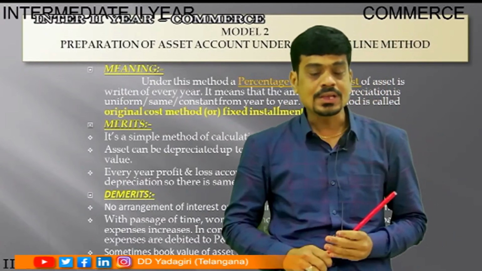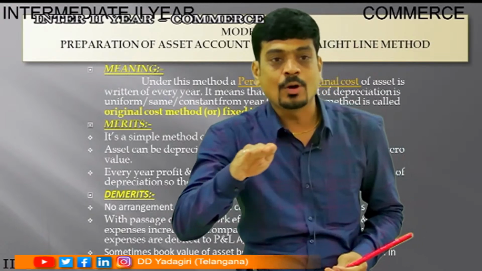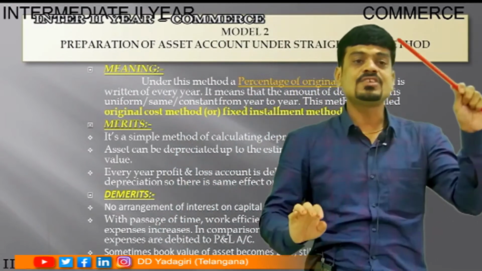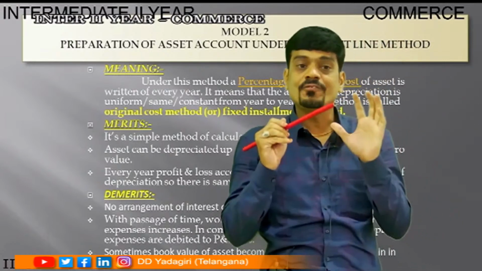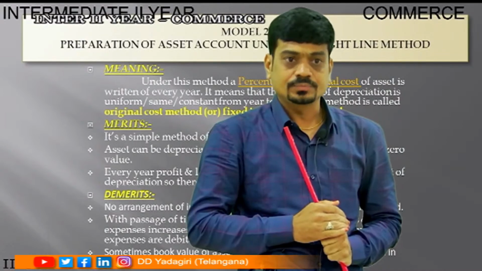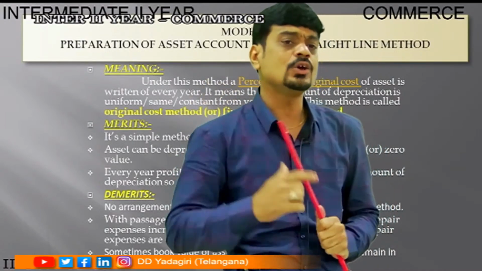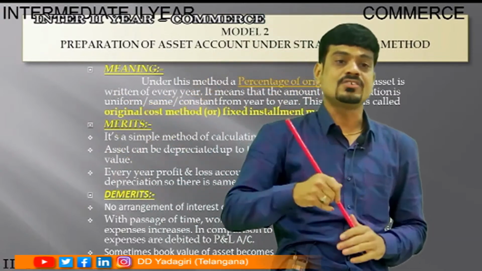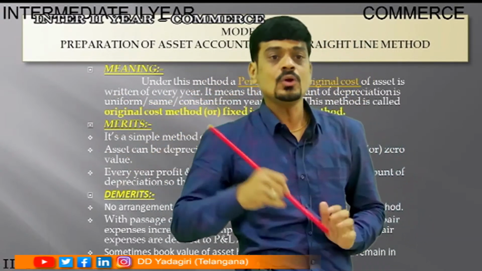But what are we doing? We are charging the same amount of depreciation. Say, for example, if I am charging depreciation of 10,000 on an asset of 1 lakh, the written down value of the asset is 90,000. But next year also I am charging 10,000. Next year also 10,000.